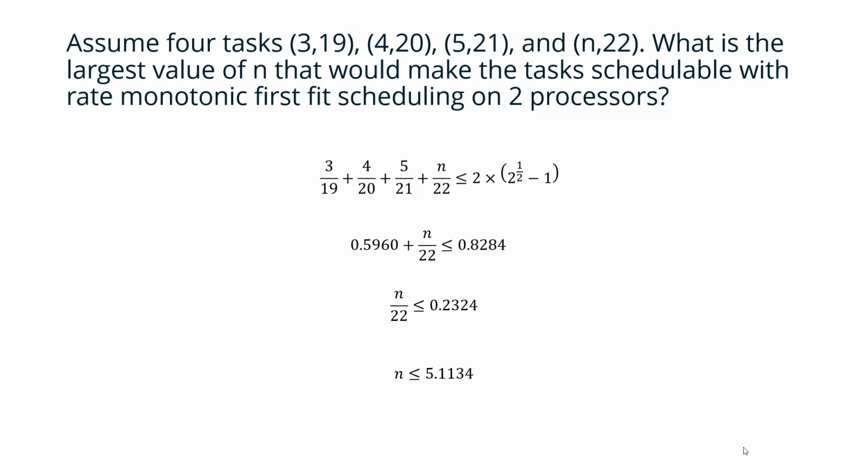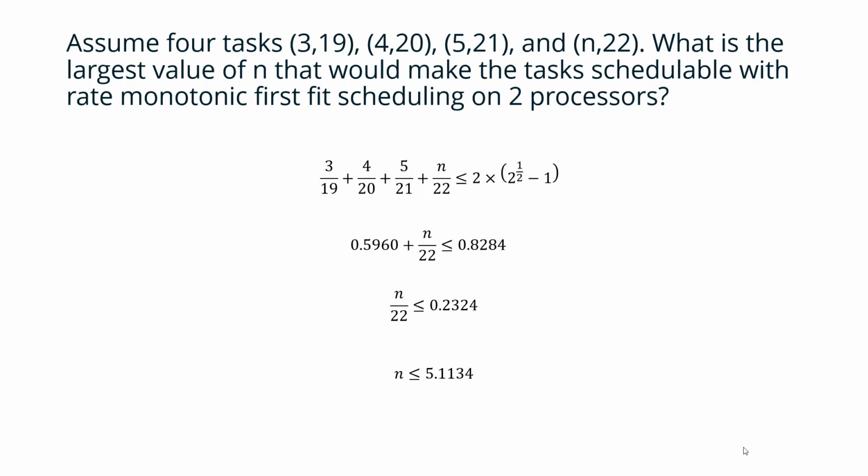So the bound here is 0.82. So if our utilization is less than or equal to 82.84% out of 200%, because there's 2 processors, then we can use the RMS first fit algorithm, which is pretty bad. That's like less than half the capacity of the system, right? But that's the bound for that algorithm.